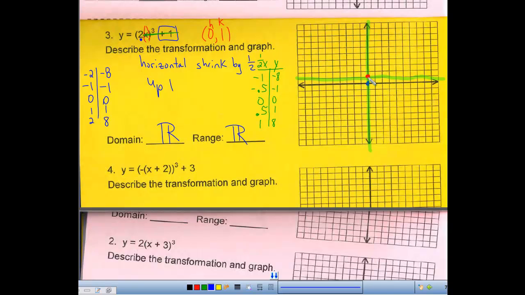From my new starting point, out -1, down -8. Out -0.5, and down -1. Out +5, and up 1. To the right 1, and up 8. You try number 4.